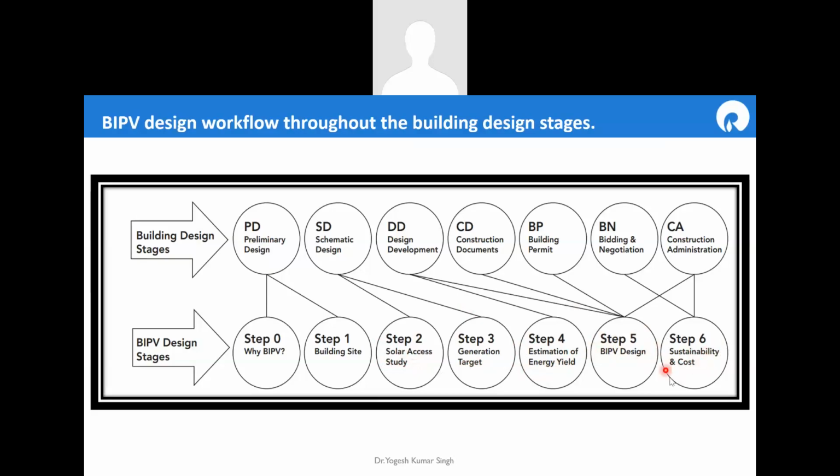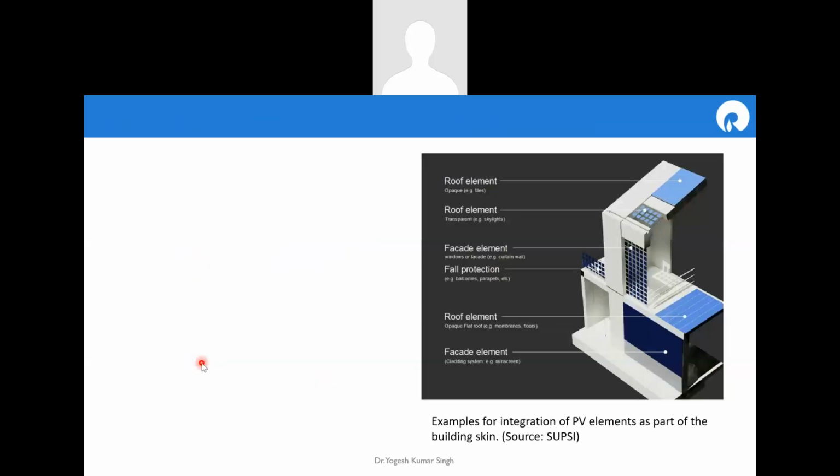Because if you put in BIPV and it is still not cost effective or sustainable, then there is no role for the BIPV system. So that is the design step for the building design stage, and this is the BIPV design stage.